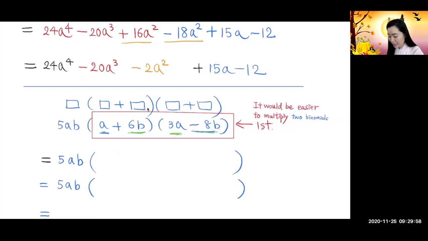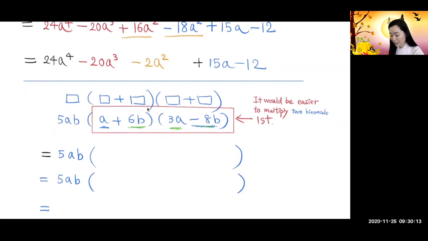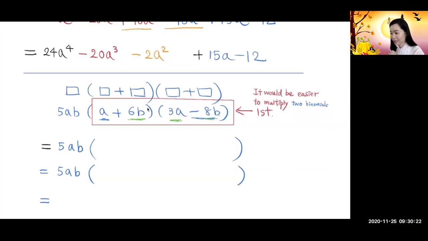Now over here you have a monomial, 1 term, times a binomial, 2 terms, times another binomial, 2 terms. When you have this kind of expression, it is easier to multiply the two binomials first, because that way it's simpler.